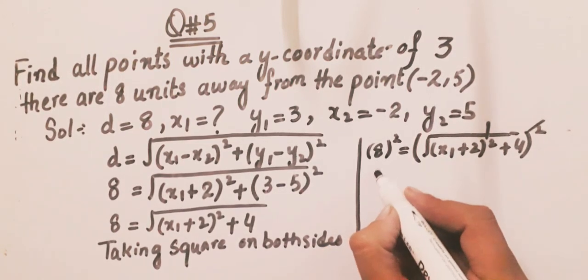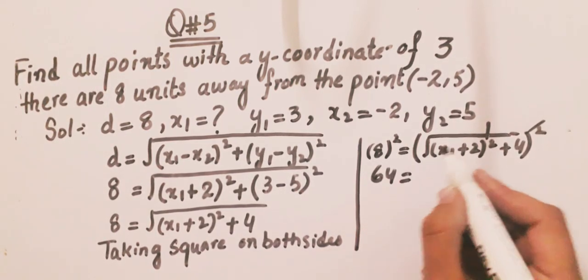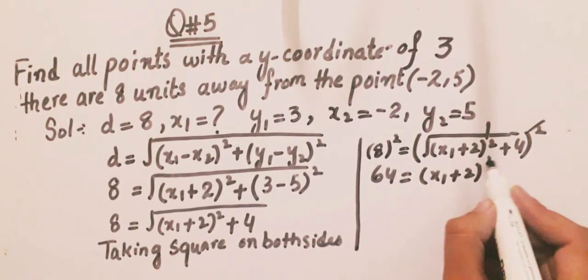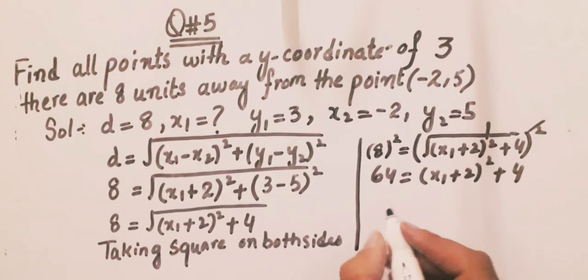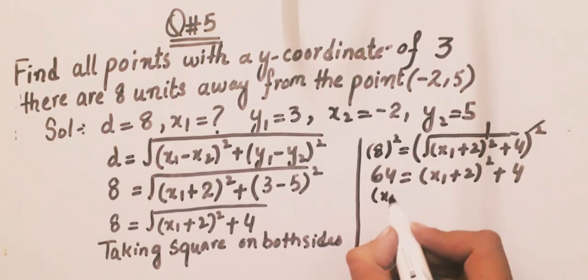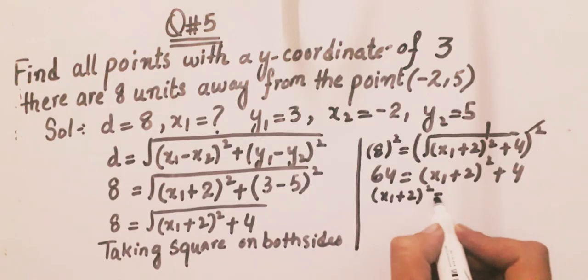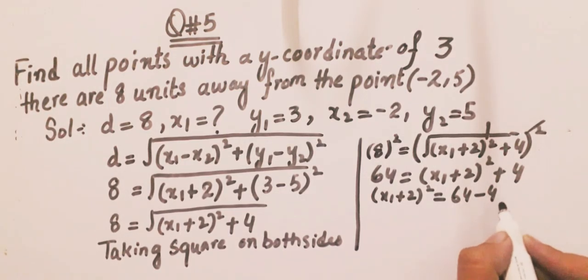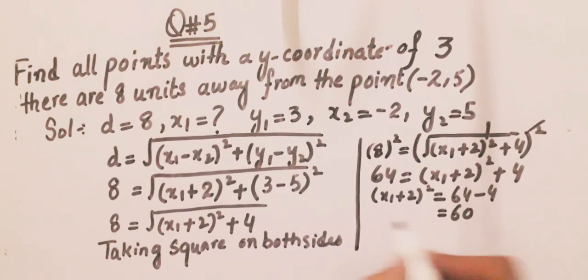You have 64 which is equal to x1 plus 2 square plus 4. So x1 plus 2 square is equal to 64 minus 4, which is equal to 60. So x1 plus 2 square is equal to 60.